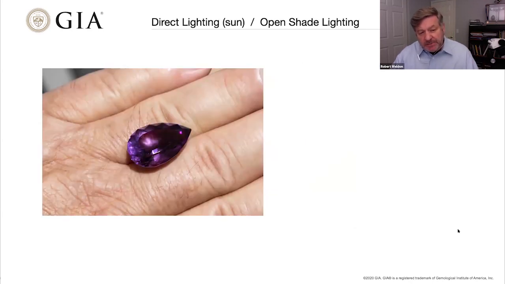So, speaking about diffusion, let's take a look at this stone. Here's an amethyst. If you were to look at it in direct sunlight, like I did here, you would think that'd be the best way, but it isn't. You get little spots of very strong color and light, but you also get many areas of darkness because the light is not spreading evenly within the stone.